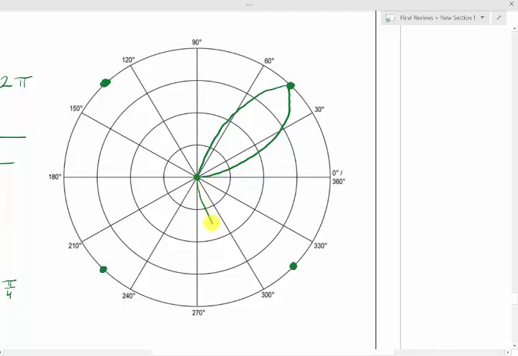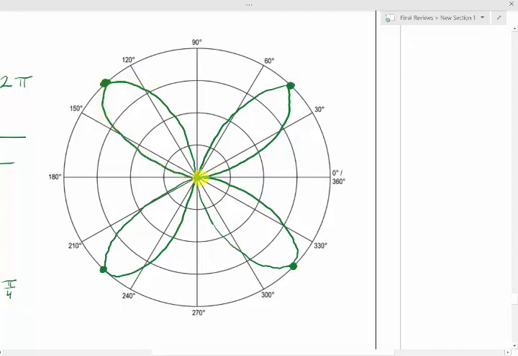Then it came down, touched that point, and then back to 0. And then over here, touch that point, and back to 0. And then over here, touch that point, and back to 0. And there we have our rose with 4 petals.